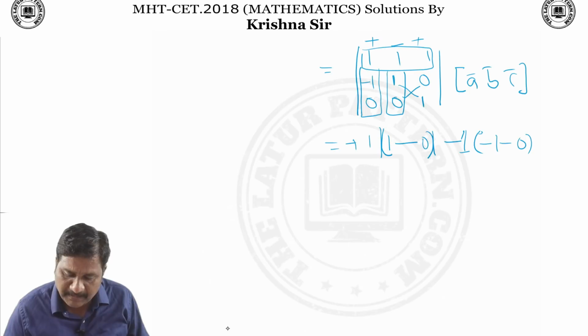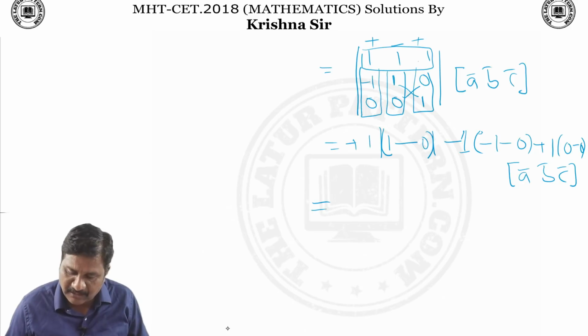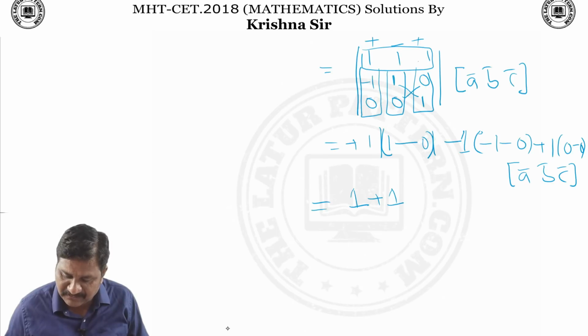Similarly, plus 1 into, cancelling this particular column, minus 1 into 0 minus 0. Now you multiply by box ABC. Now we have 1, minus into minus plus 1, and here it is 0. So 2 into box ABC.